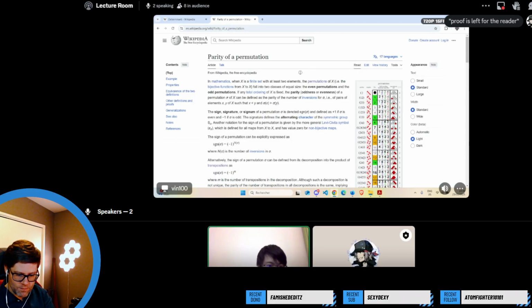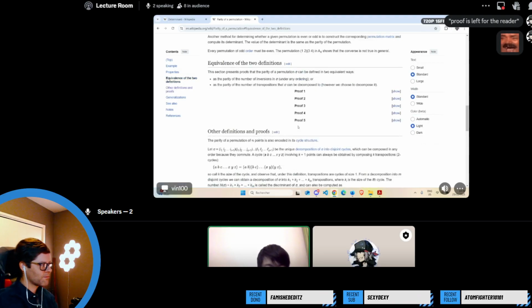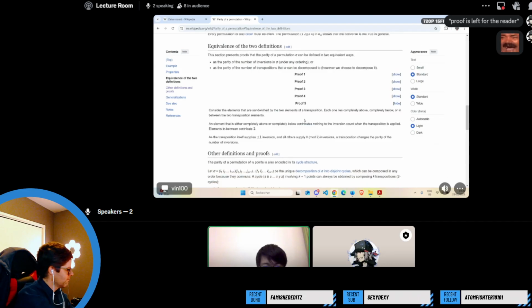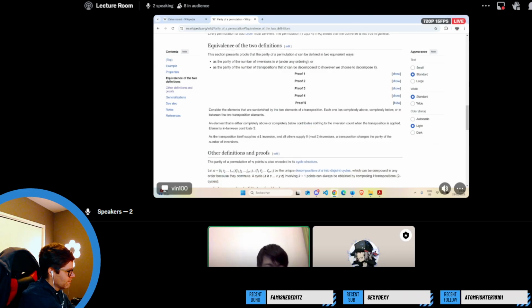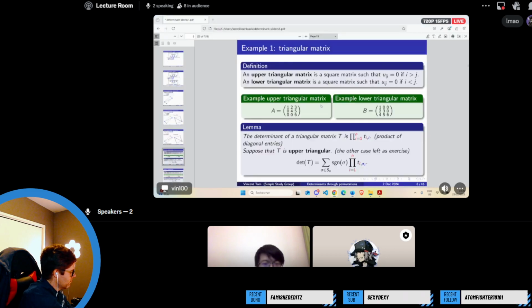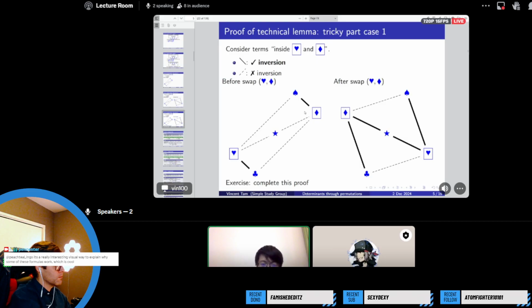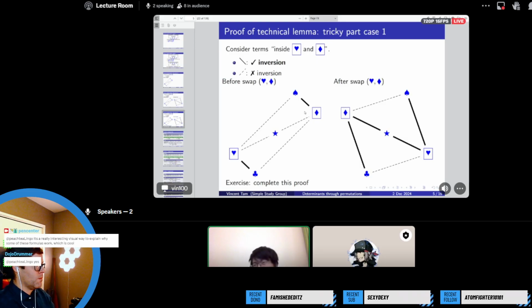In Wikipedia's proof of the parities of permutation, what's actually shown is a block of text like this. I've chosen to show this first because this is the most straightforward proof that I can think of.